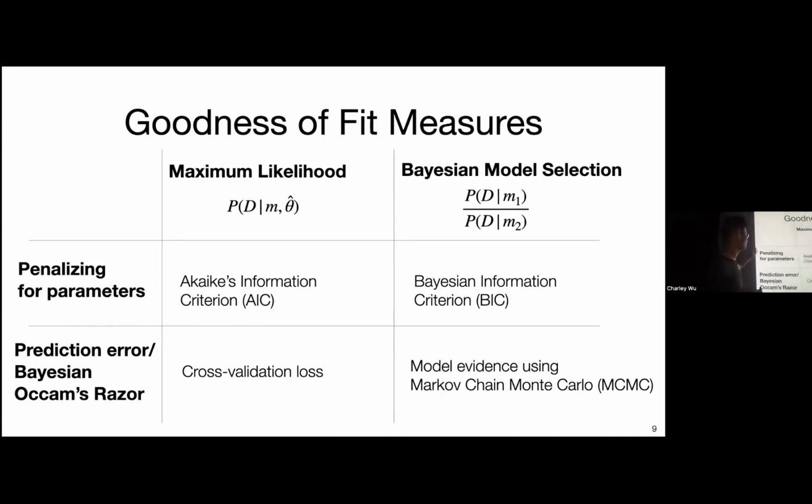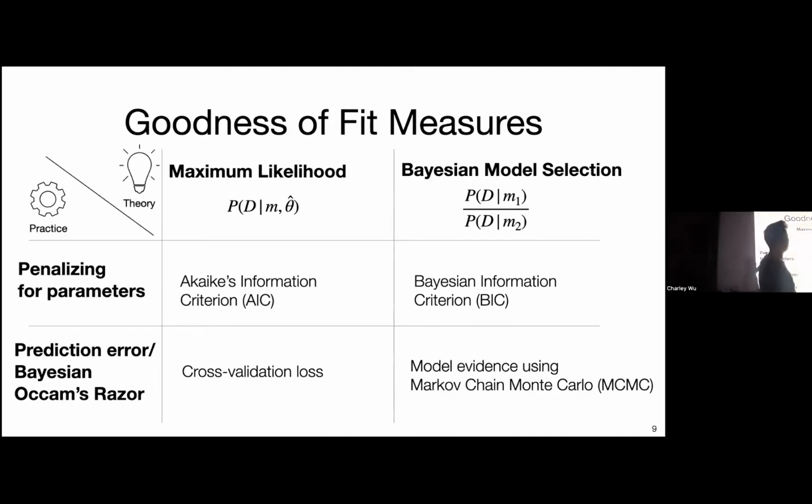Now, more complex is using prediction error directly through cross-validation, or essentially relying on Bayesian Occam's razor, where Bayesian principles allow us to naturally find the right fit, where Bayes' rule essentially allows us to have a preference for simplicity baked into our model estimation. And I'm going to describe methods using Markov chain Monte Carlo.